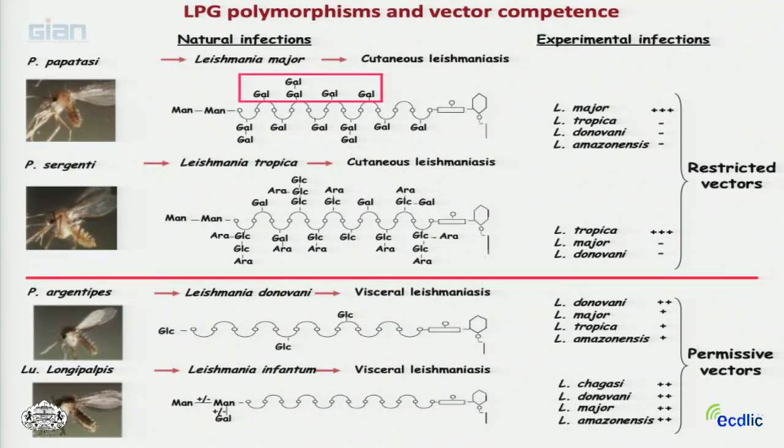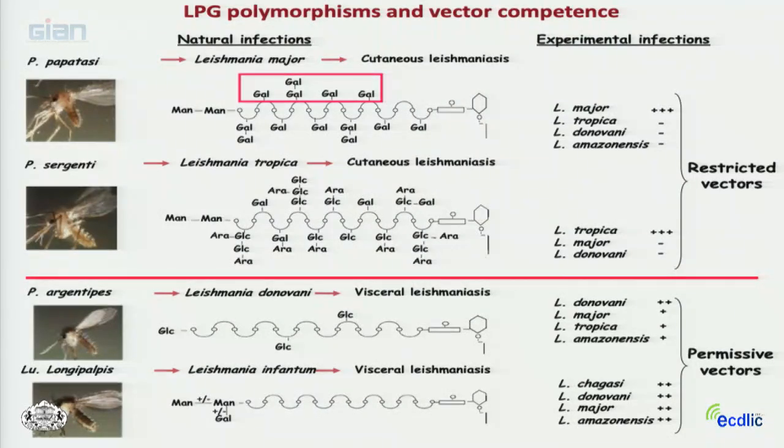Now, when we come to flies like from India, Phlebotomus argentipes, which is the natural vector of Leishmania donovani in India, or Lutzomyia longipalpis, the natural vector of L. infantum transmission in Brazil, the parasites that these vectors transmit have a relatively simple unbranched LPG structure. Now, if we go back here, I'll remind you that these flies that naturally transmit these parasites with highly branched complex LPG structures are the restricted vectors. They will only transmit in the laboratory the parasites which they are the natural vectors of in nature. So this is where you see species-restricted vectorial capacity.